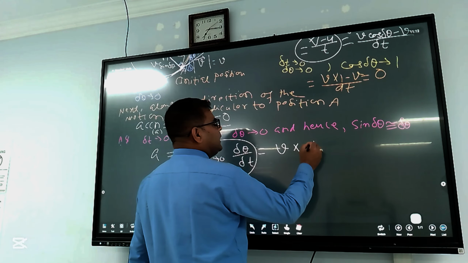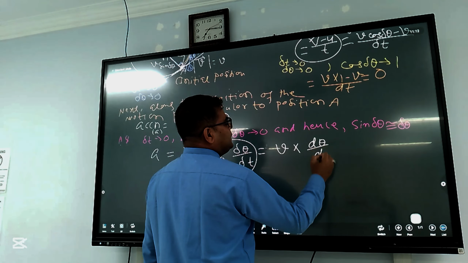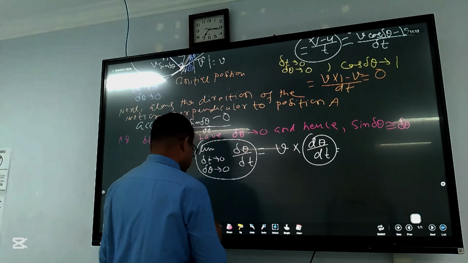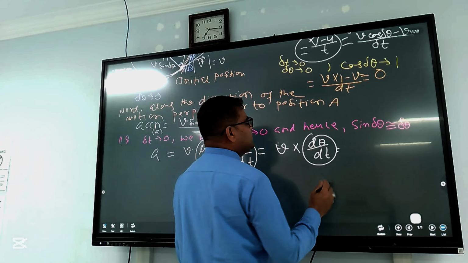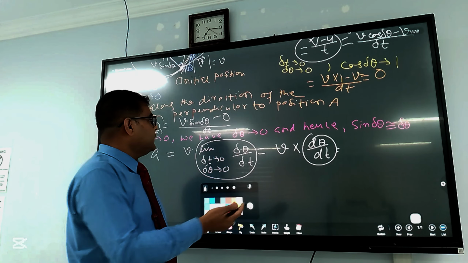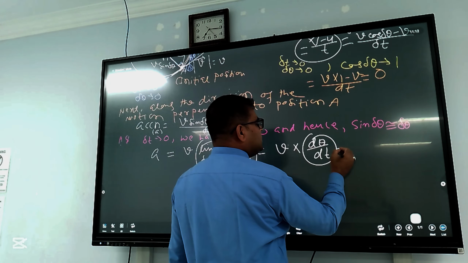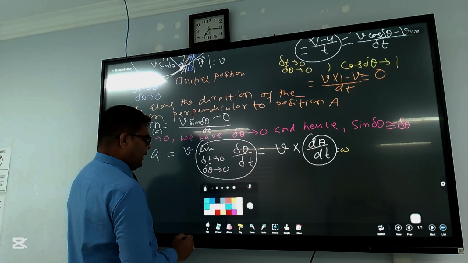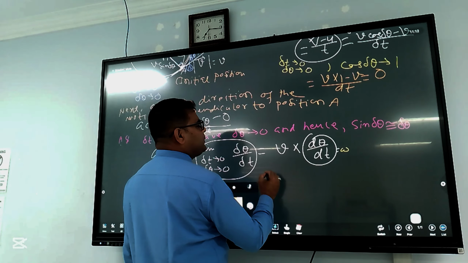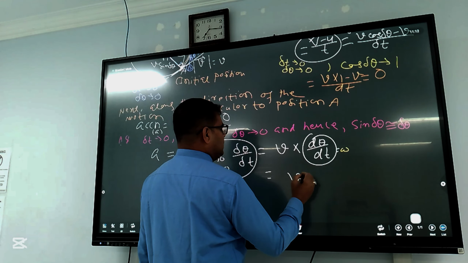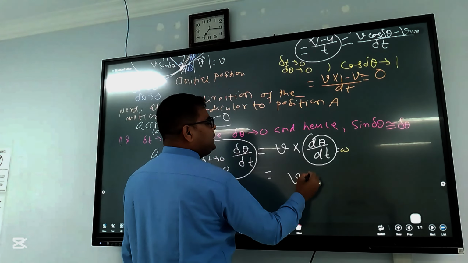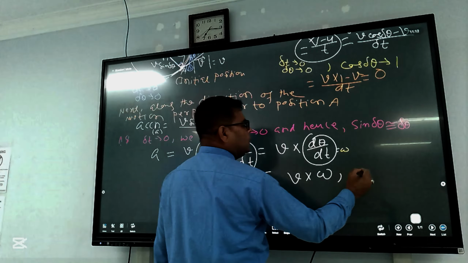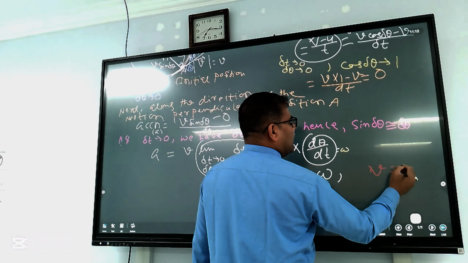You can write d theta by dt, which is the rate of change of angle, that is the central angle, and this is denoted by omega, which is called the angular velocity. And so here A equals V times omega, and you also know that V equals R omega.